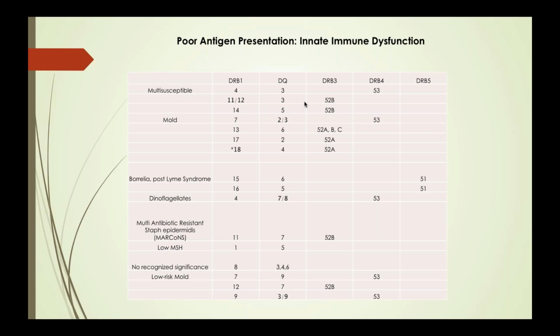Now, we keep looking at this, and my suspicion is that the list is probably longer overall, and also some of the more specific SNPs are likely multisusceptible, like the 15.6 or the 13.6, for example.